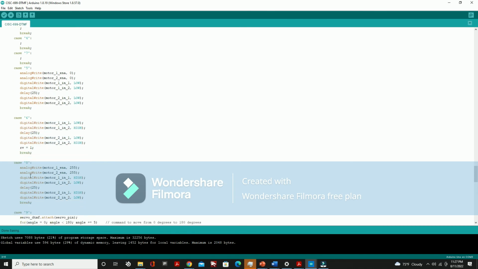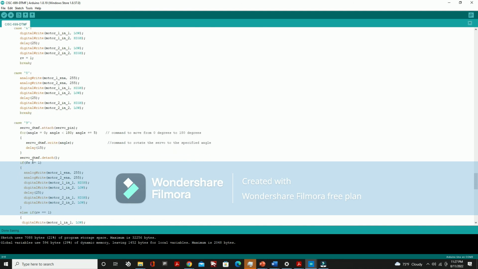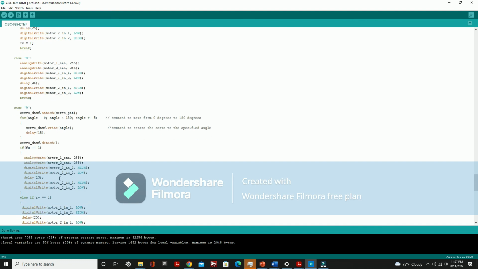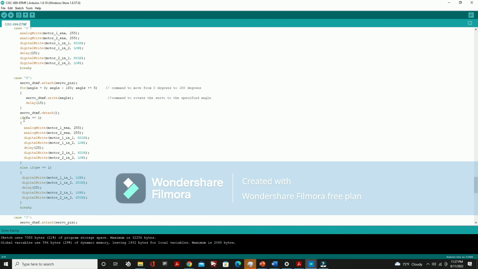For keypad number 8, again I'm running at the constant speed in the forward direction, but the intended usage was to reduce the speed to 100. Number 9, I used to turn the servo motor to the right. I'm using the flag variables forward and reverse to set the DC motors again in the present state.